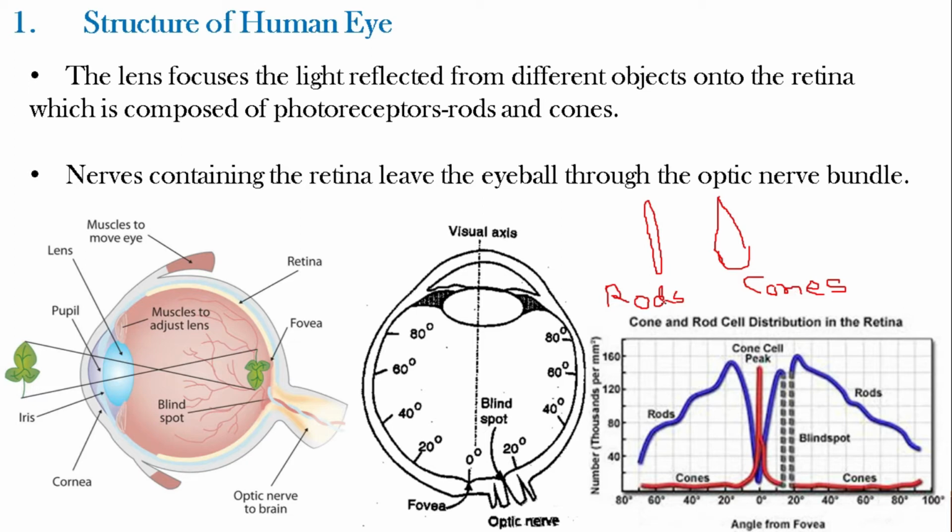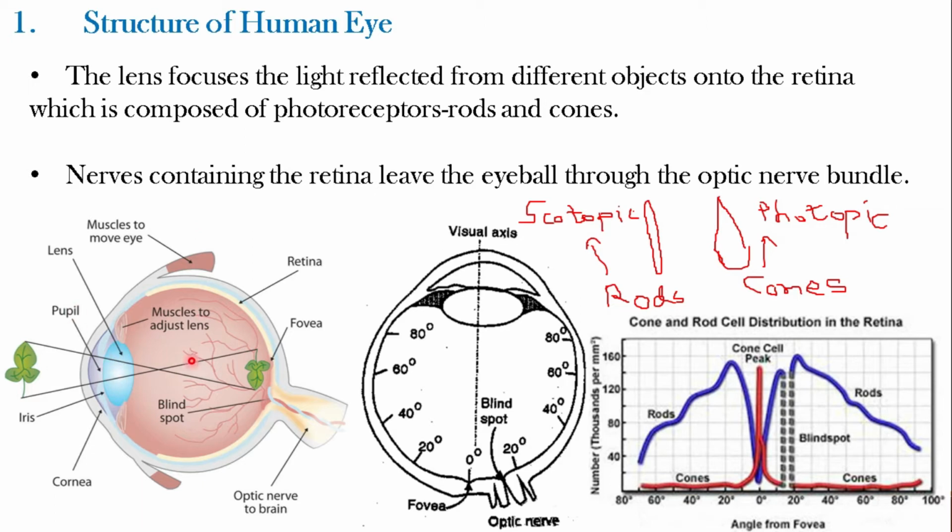This phenomenon is known as scotopic vision or dim light vision. So the rods are responsible for scotopic vision and the cones are responsible for photopic vision. Now the nerves containing the retina leave the eyeball through the optic nerve bundle to the brain, right?